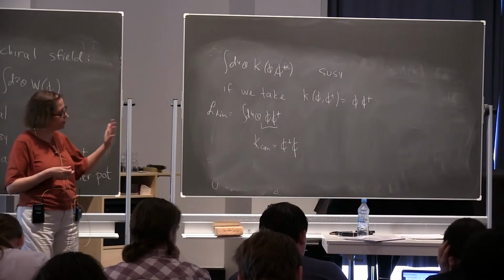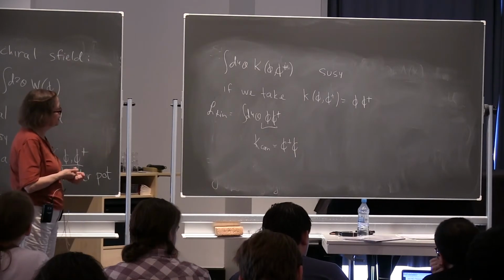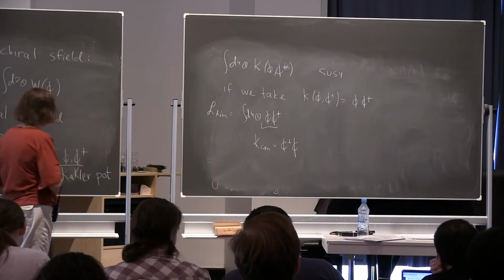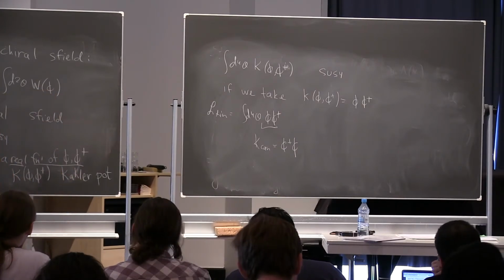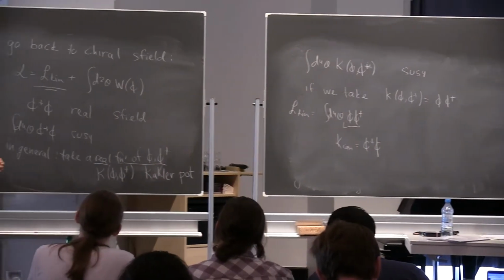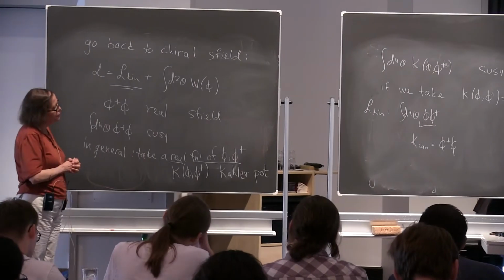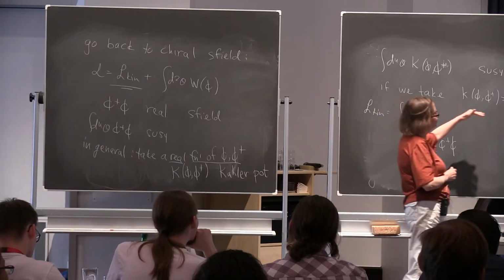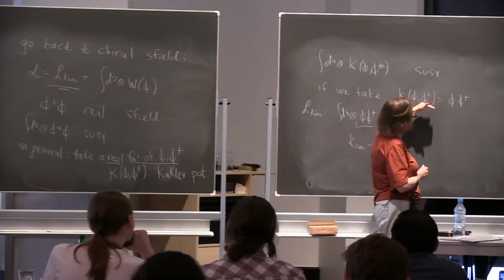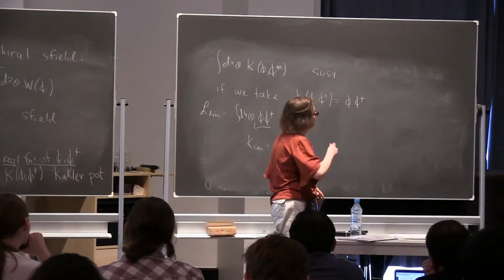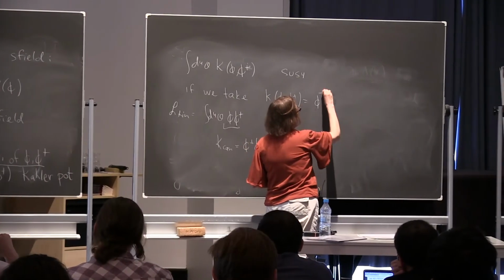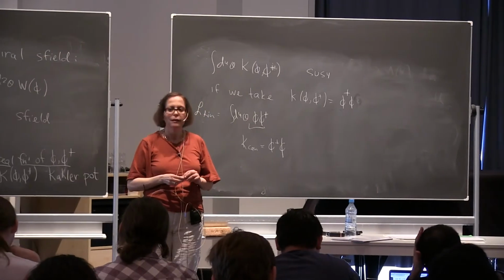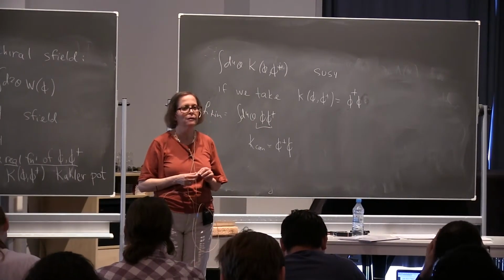In principle, you can have more complicated things that include corrections to the canonical kinetic terms and wave function renormalizations and things of that sort. But the important thing is that the kinetic part is coming from the real combination of phi and phi dagger. So it's better to put the dagger over here. Okay, questions about this?